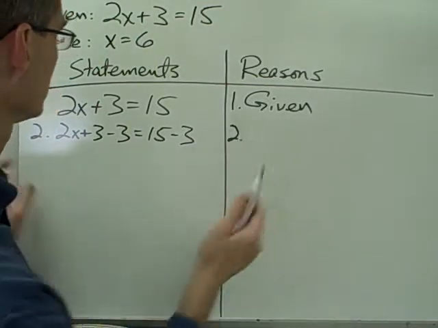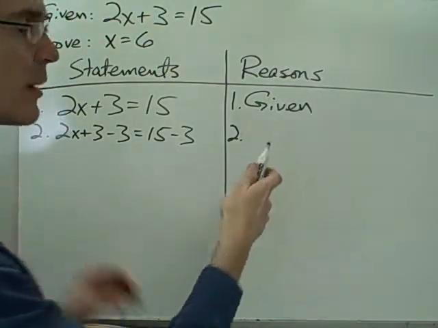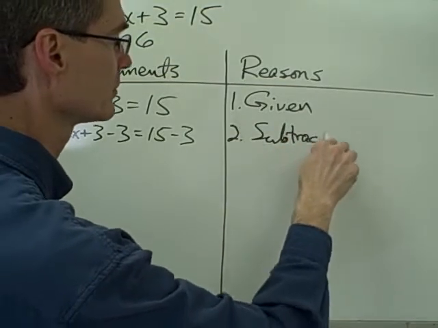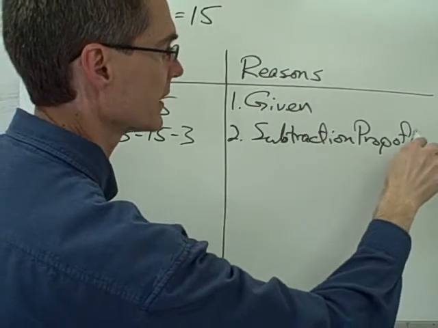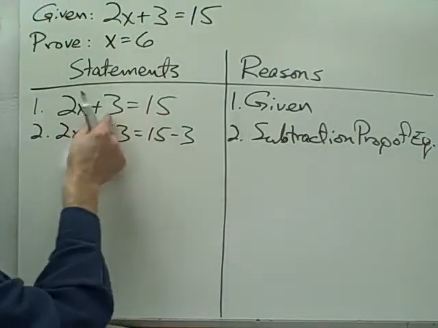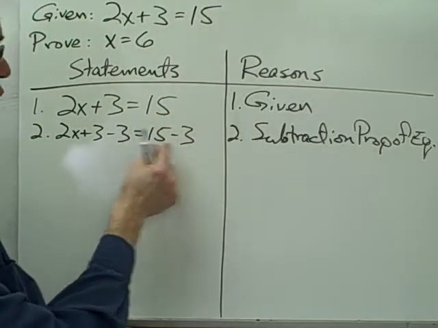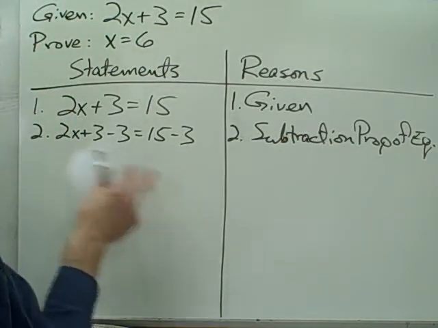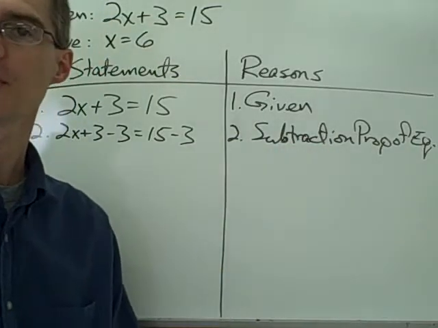Now, the reason that I can subtract 3 from each side of my equation is something that we talked about just recently called the subtraction property of equality. The subtraction property of equality says if I have two things that are equal to each other, like 2x plus 3 and 15, then I can subtract the same thing from each one of those quantities, and that's what I've done right here. So subtract 3 from this side, subtract 3 from this side, that's just the subtraction property of equality.